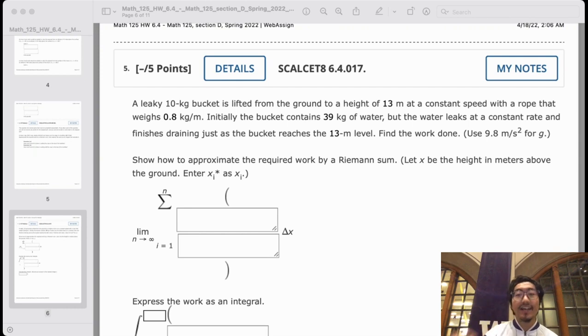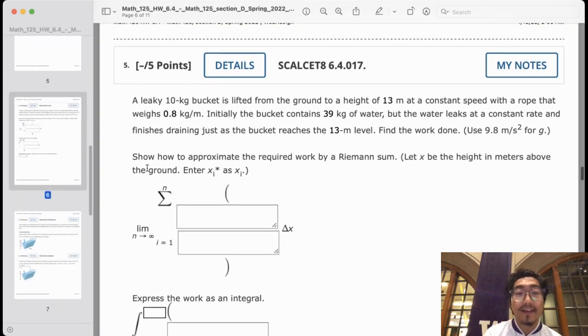So it's going to be 0.8 g times 13 minus y dy, from 0 to 13. That is your work done lifting the rope. Make sure your gravity here is positive, not negative. So be careful.